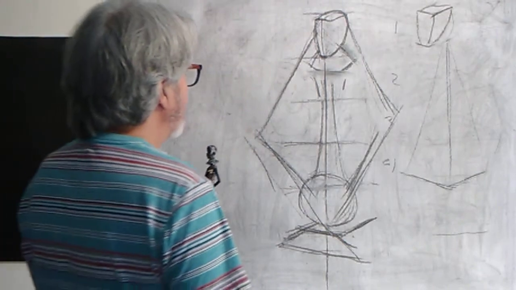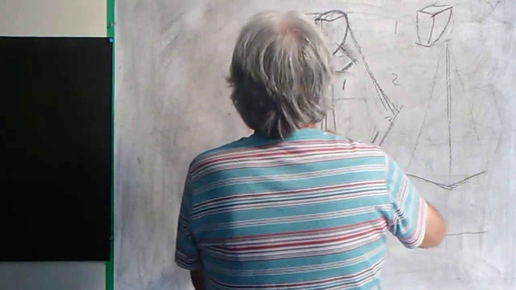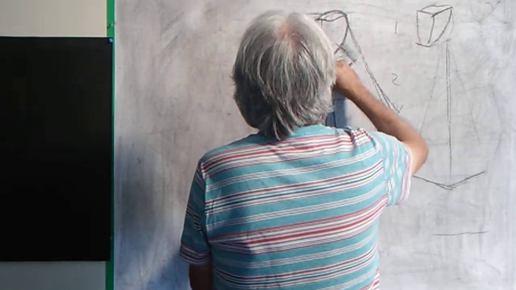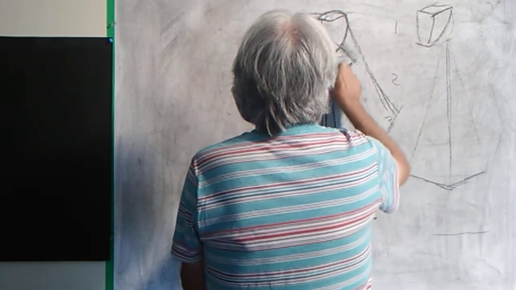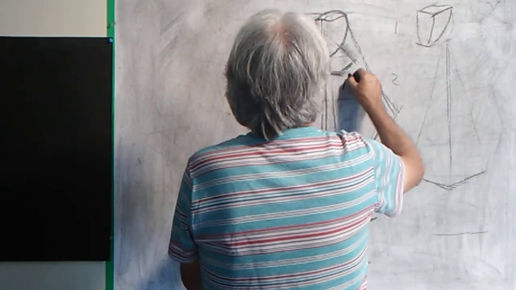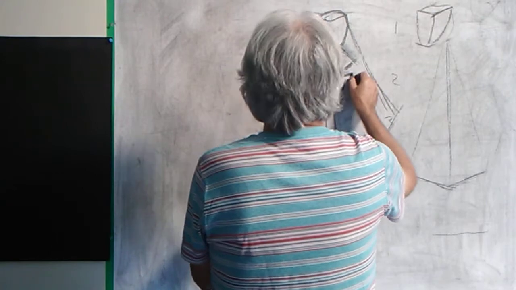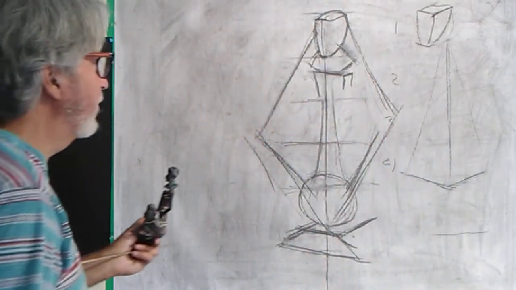Because I've got her turned, the perspective center line is here, and now I've got to watch the front of her body, which you can barely see under the collar. It's got to go in this direction. So now I'm doing that, and I can peek and see underneath this collar the angle of her shoulder. So I'm going to put these lines in so you can see them. There's my boxy lines for the top of her body.